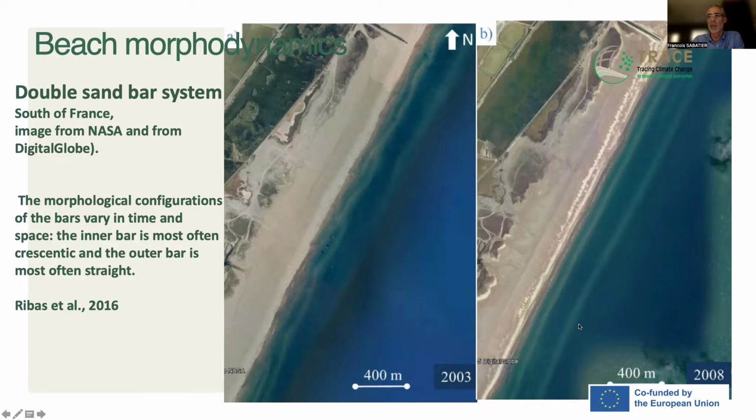This is a longshore outer bar and the inner bar. And in the same case, you see that the outer longshore bar is still longshore, but a little bit different. And this one transforms into a transverse rhythmic bar. So the morphology can change through time, or rather through the seasons.